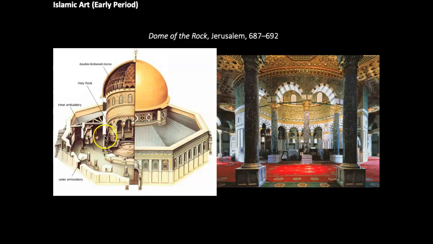The first row of columns protects the sacred rock. The second row of columns creates this double aisle that we're going to look at in more detail.